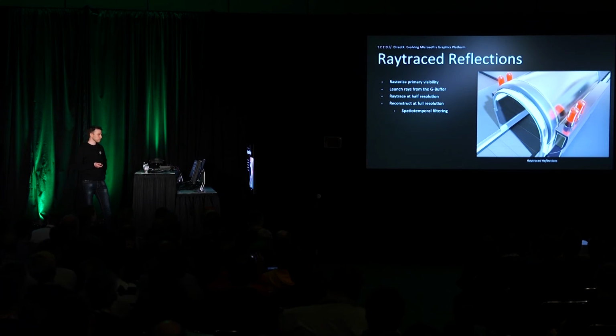Once this is done, we do a spatial-temporal reconstruction at full resolution. From the image on the right, you can see how ray traced reflections add so much and work for all types of surfaces. In our first approach, we combined it with SSR for performance, but in the end, to make sure everything matches with roughness, it was just easier to do ray tracing, for simplicity.